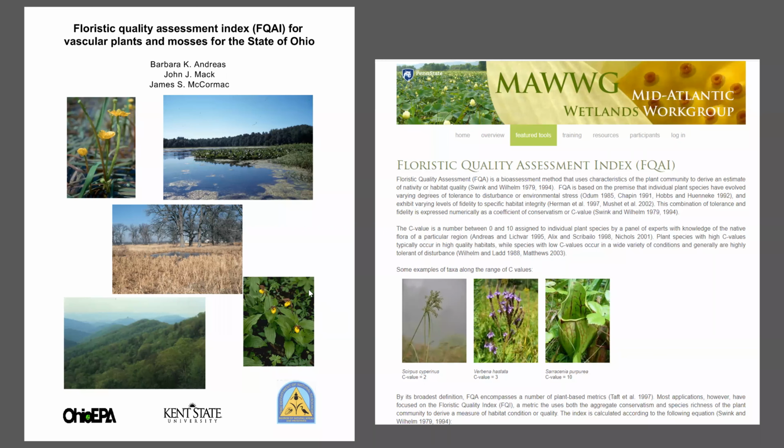Ohio has its own technical report on FQI that came out in 2004. Andreas, Mack, and McCormick wrote that. So most states have their own FQI reports. So remember, these C values differ from region to region or state to state.